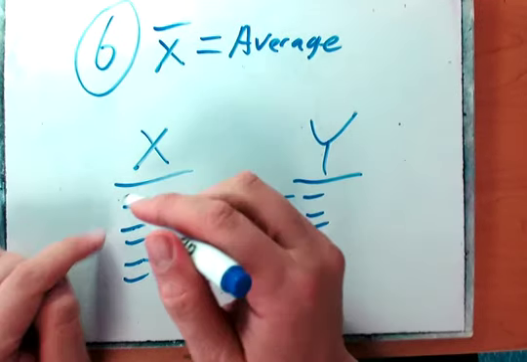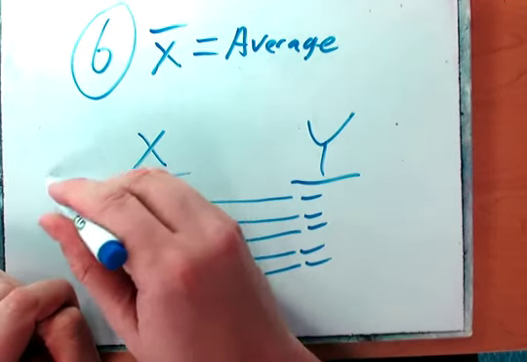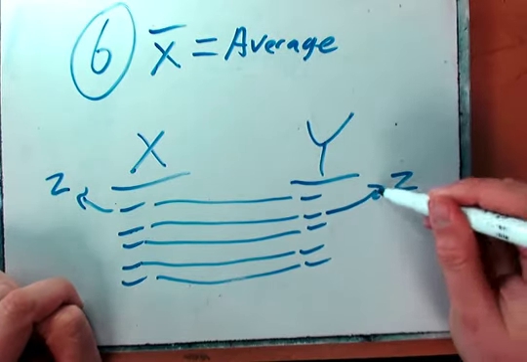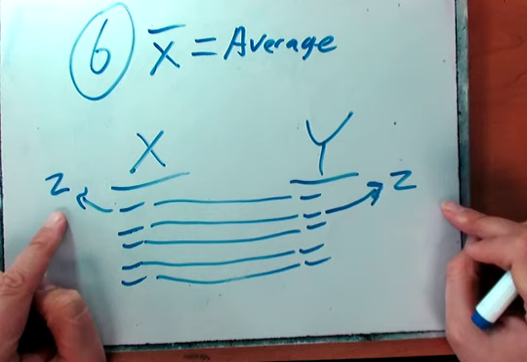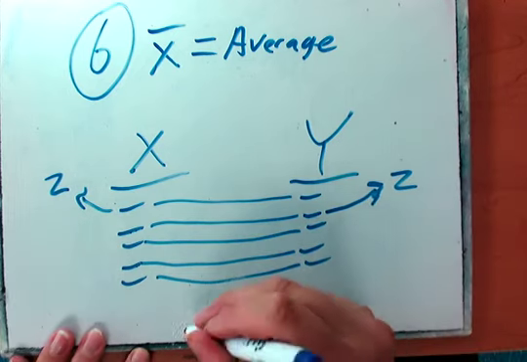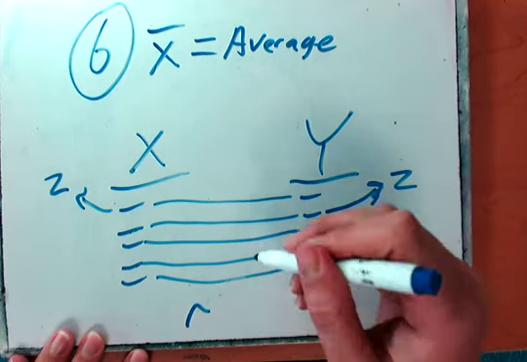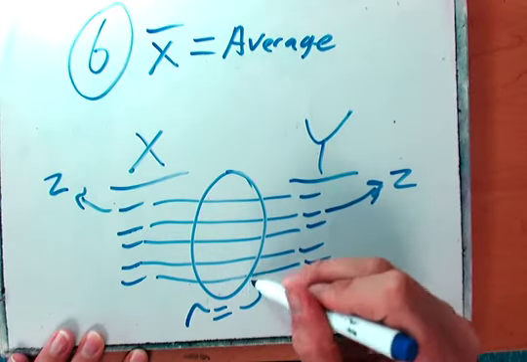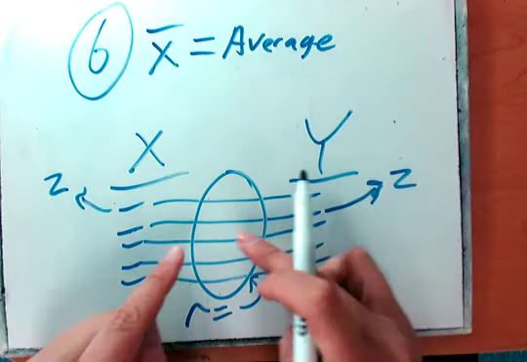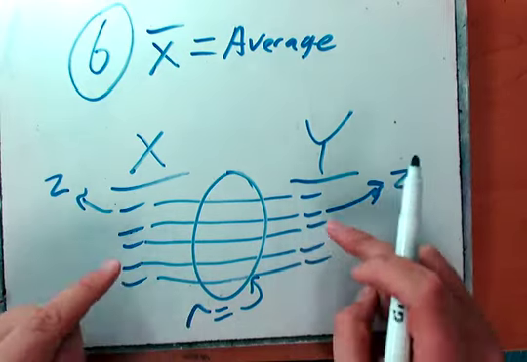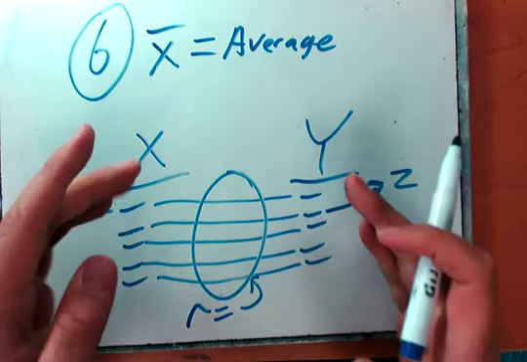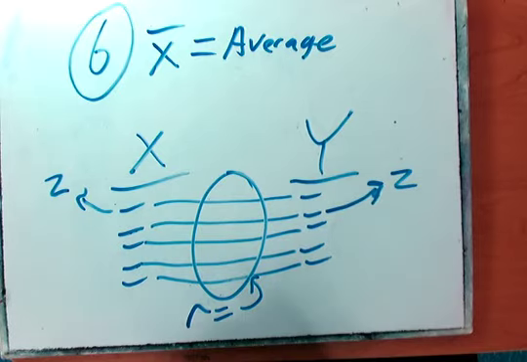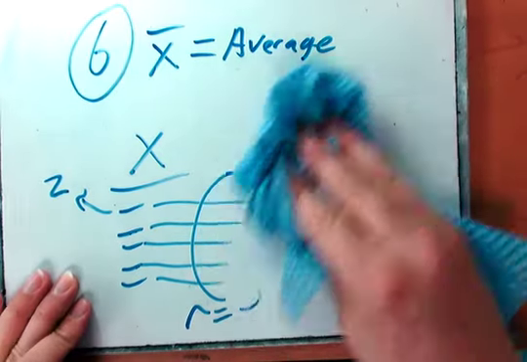This particular value right here is going to have a z-score, and this particular value is going to have a z-score. You can calculate those things. Then the r value is going to be the connection of all of those. How are these actually connected, and what can we say about these 2 different sets of numbers and how they are cross-connected? So first things first, average.